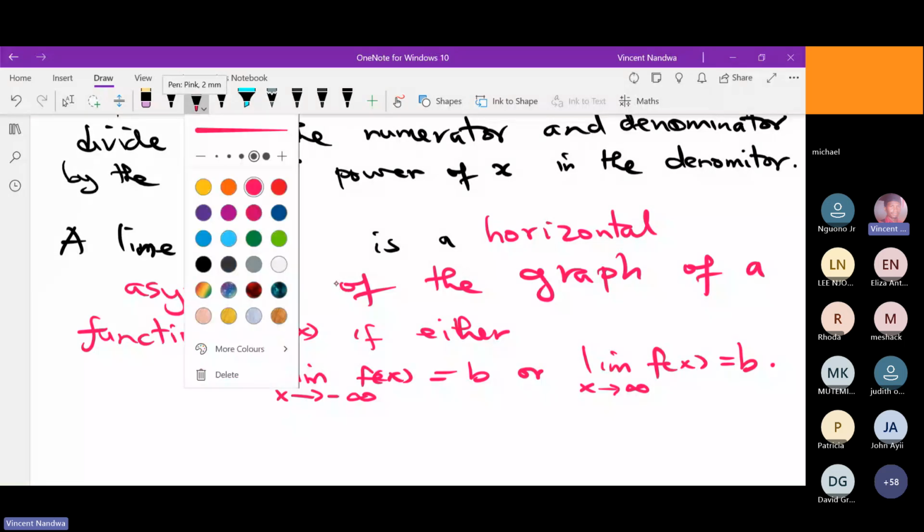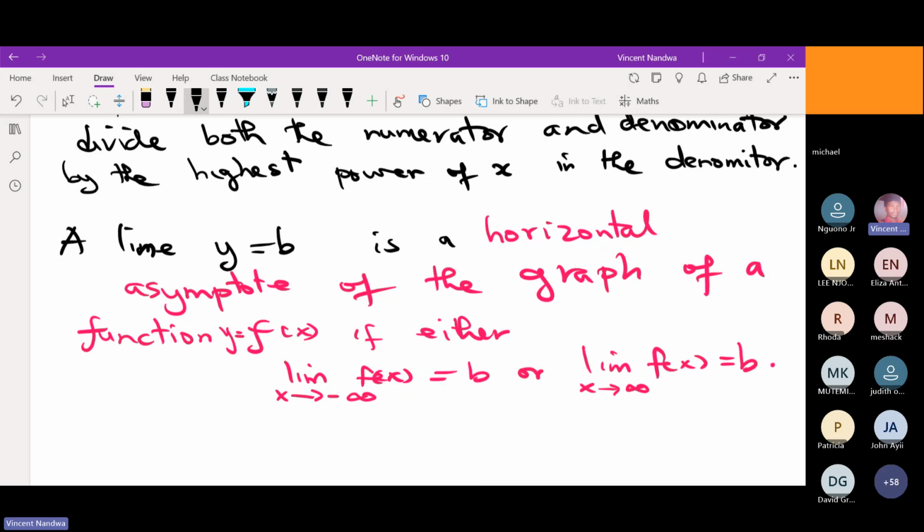So when someone asks you to find the value of the horizontal asymptote, it's as good as asking you to find the limit of the function as x approaches plus or minus infinity.